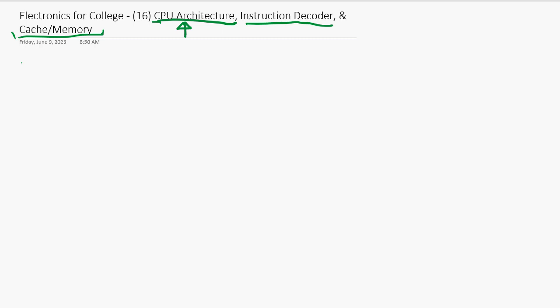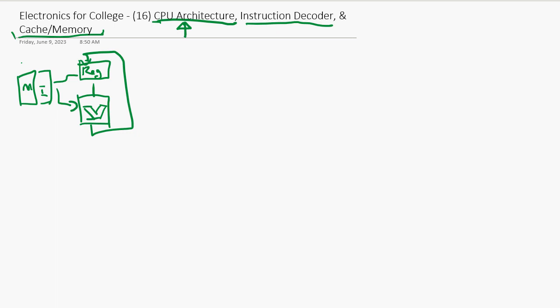Now, when you talk about CPU architecture, the textbook usually shows registers, a memory interface, an instruction decoder, and an execution unit like an ALU, something like that. But this is the hardware diagram, it's not the architecture.